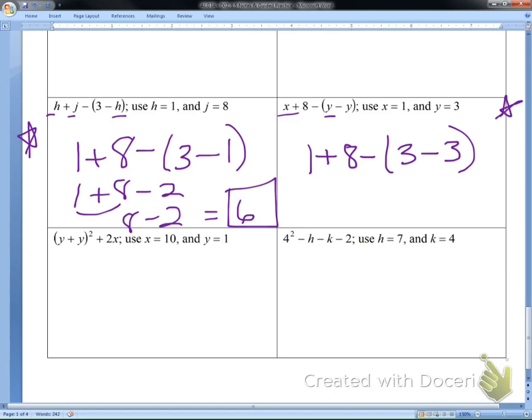I'm trying to look for ones that would have negative numbers and just be cautious about certain things with negative numbers. So follow the order of operations. 1 plus 8 minus 3 is 0. So then I follow the operation of 1 plus 8 is 9 minus the 0 that's there equals just 9.